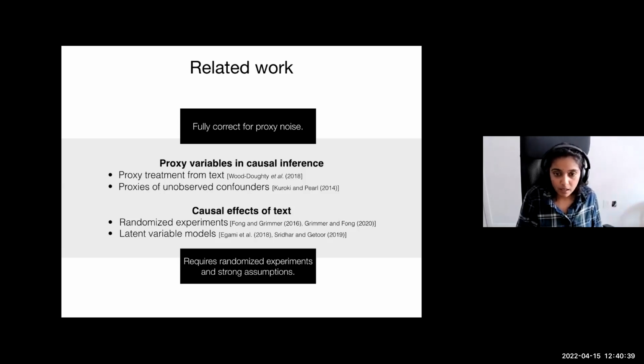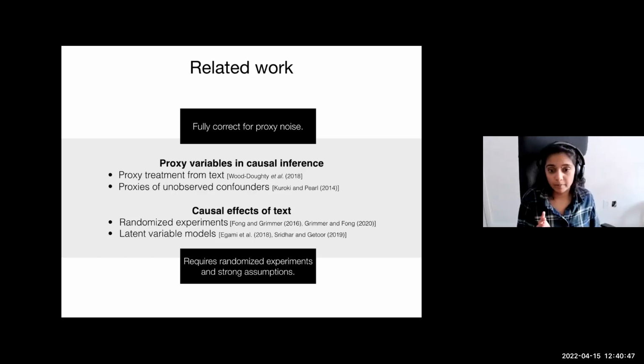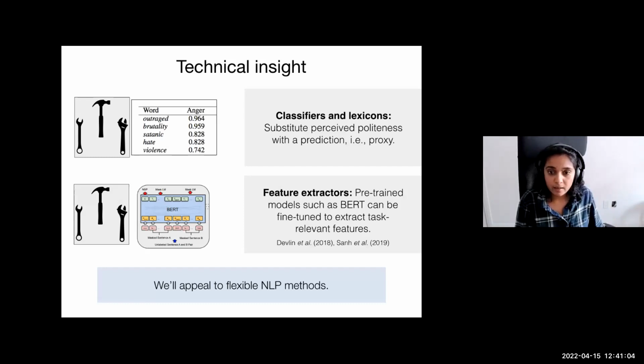On the other hand, the other way that causal effects of text have been studied without proxy variables has been through randomized experiments and with stronger parametric models, whereby we model all the sources of confounding more explicitly than we do here. And so where this work sits is, on one hand, we've got the proxy variables, and we're not going to assume that we know exactly the relationship between the true label and the proxy.